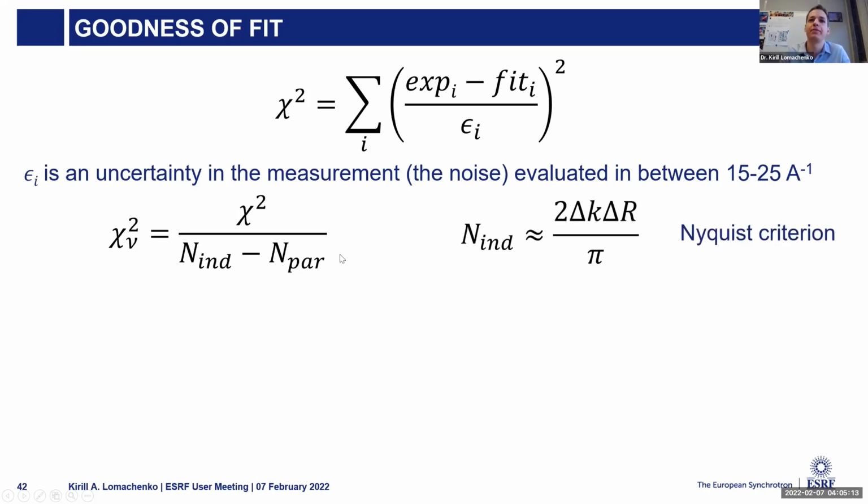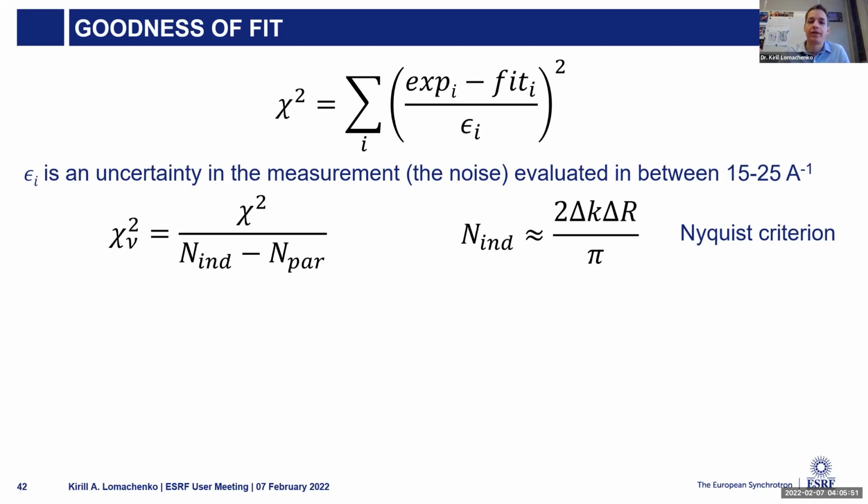The number of independent points is determined by the Nyquist criterion, which is basically the amount of information contained in your spectrum. And of course, it's better to keep the difference between N_ind and N_par as high as possible. So you should not use too many parameters. How many is too many is defined by the maximum value that you may have, that's N_ind.